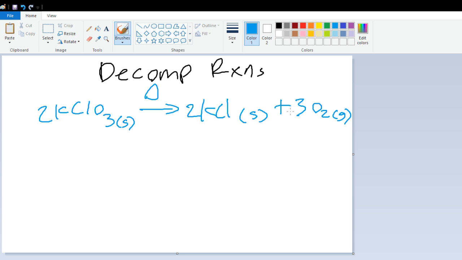This is different than the previous carbonate, sulfite, and hydroxide decomposition reactions because the oxygen this time is separate, and the other substance, the chloride, combines with the metal.